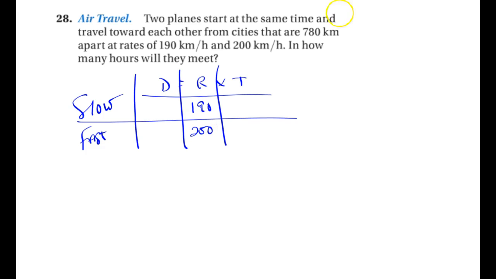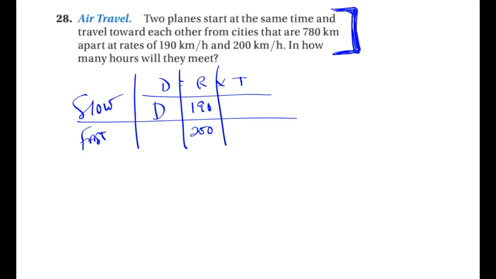Oftentimes when I deal with rivers and planes flying, we're dealing with airspeed or the current of the river. So I think this must not have any wind speed that we have to worry about.